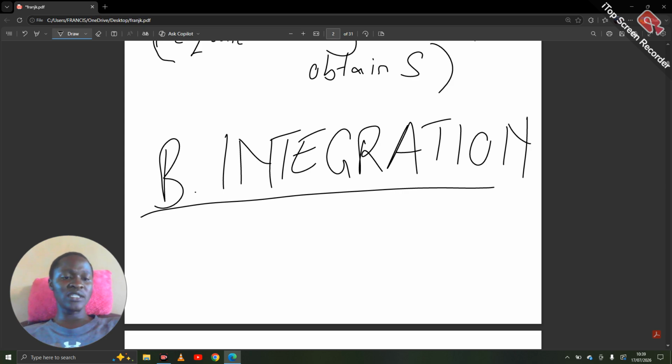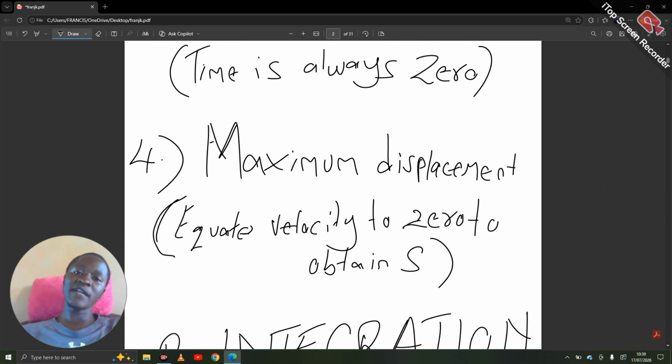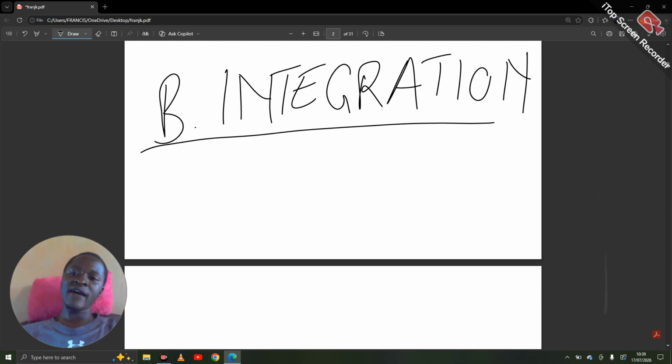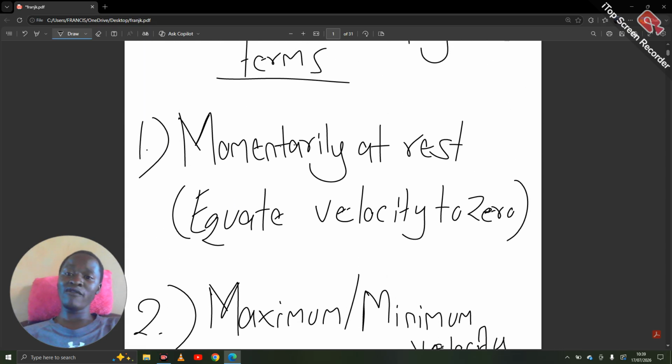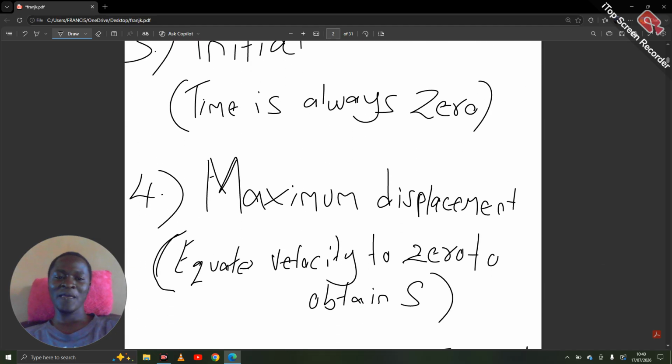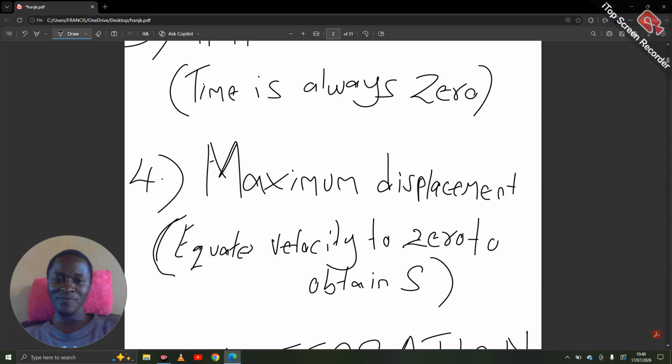Integration is very short, just like differentiation. Today I don't want to take much of your time, but only to tell you to make sure you master these 4 terms, because without this knowledge you are going nowhere with calculus.